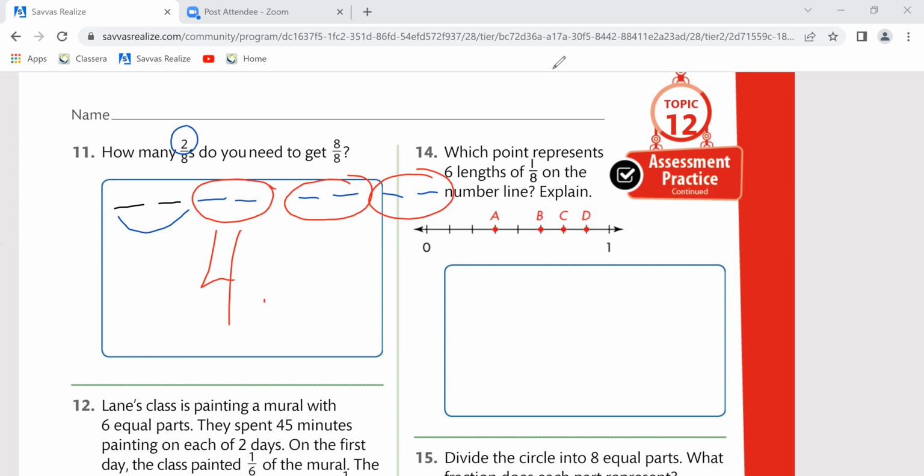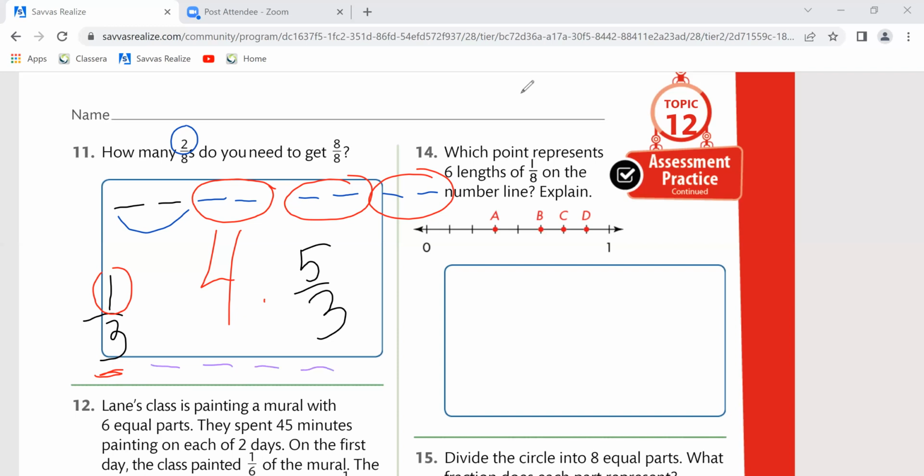Okay, another example. If you have here 1 out of 3, okay? And you need to get to 5 out of 3. So, how many parts? Here you have 1 part, but you need 2, 3, 4, 5.